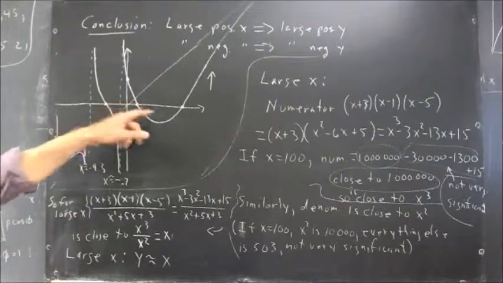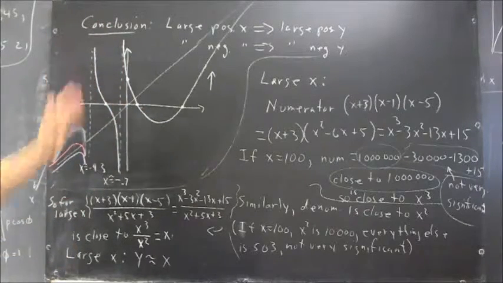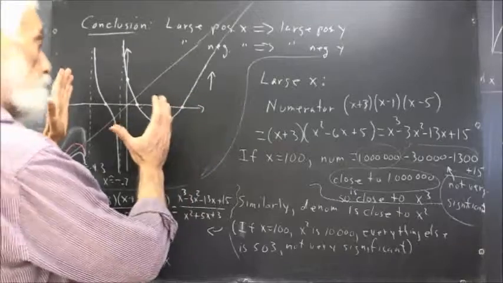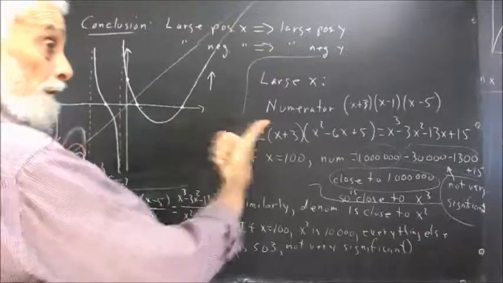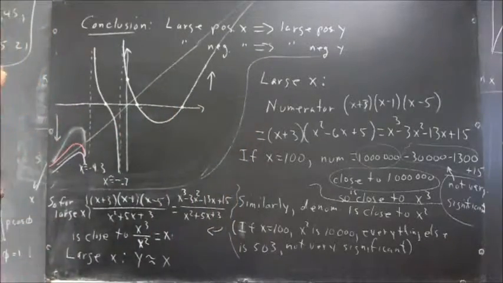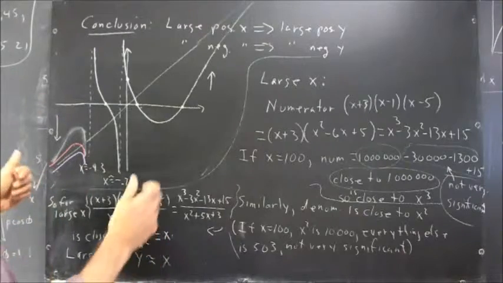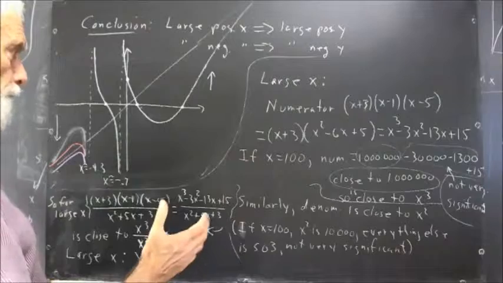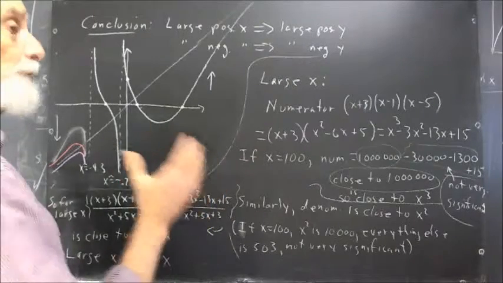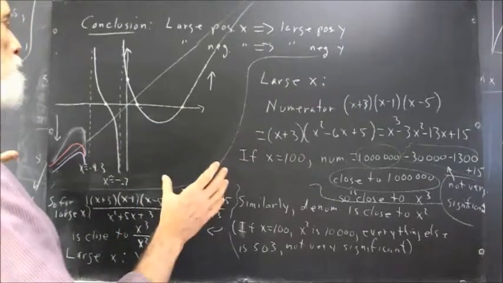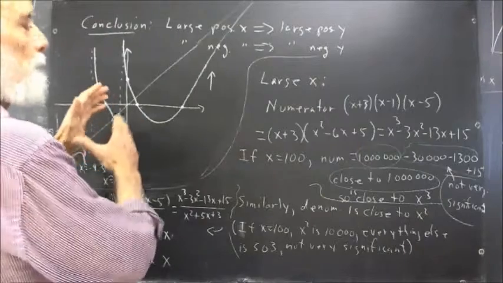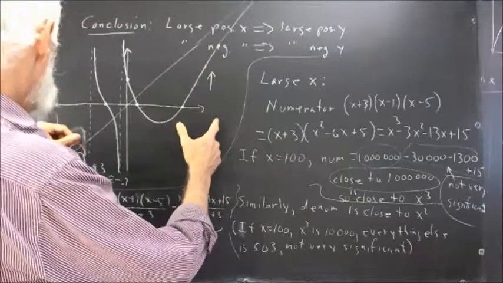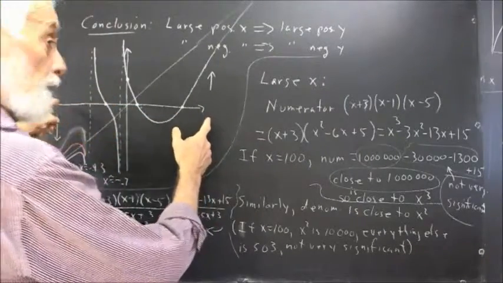Whatever happens with the zeros and the vertical asymptotes happens closer to the origin than your end behavior, because remember, end behavior is evaluated by considering positive or negative values of x that far exceed the most extreme position of a zero and asymptote on this side or this side.